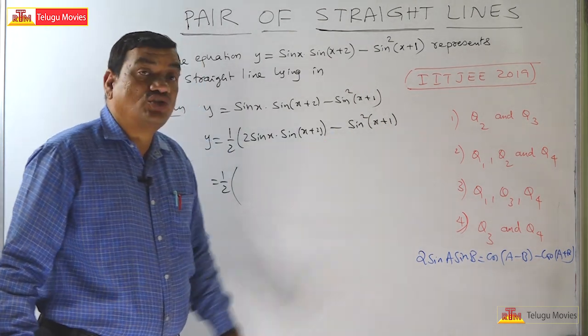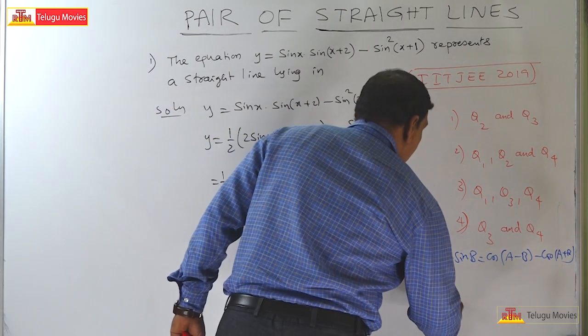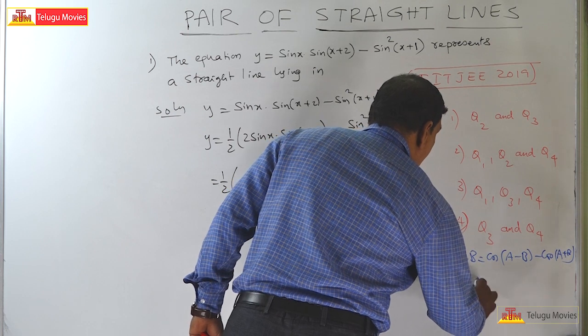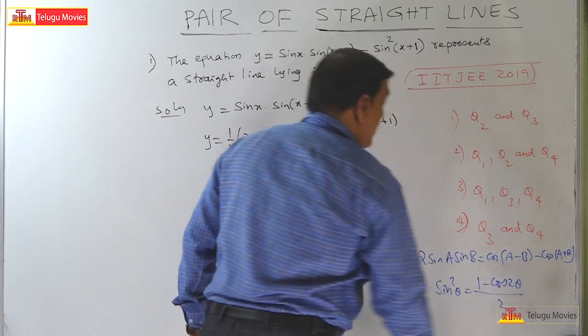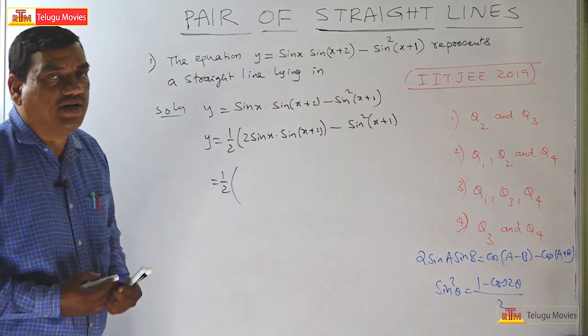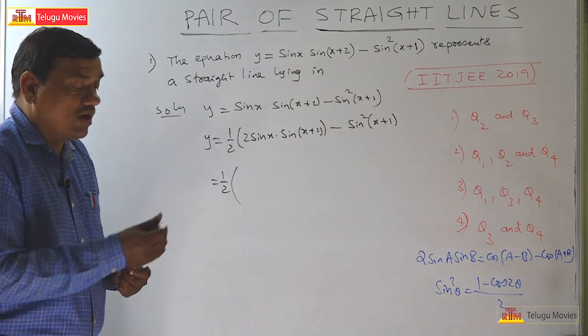Again, this is sin² theta. That means sin² theta is (1 minus cos 2 theta) by 2, from trigonometry. So those are well known formulas.